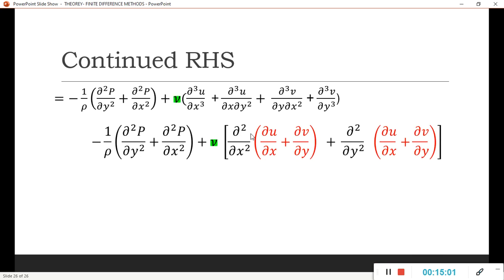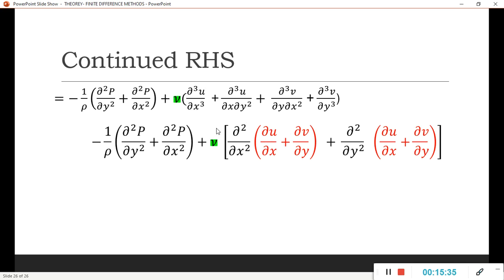So if we now take dou squared by dou x squared outside, we are left again with the divergence term. Should be fairly straightforward. So we have here dou cube u by dou x squared plus dou cube u by dou x dou y squared, and we take dou x squared as the common factor outside, and what we are left with is the divergence term for these two terms and for these two terms.